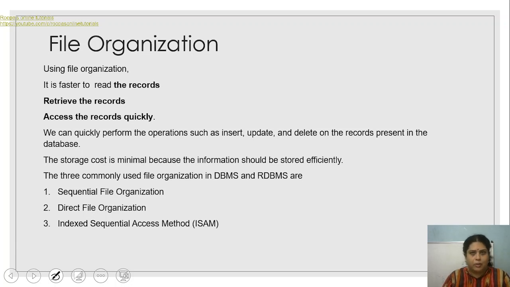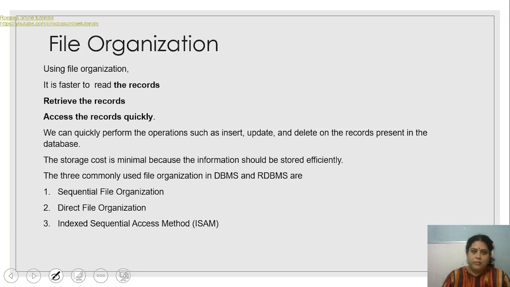Otherwise, if you keep your things in an organized way, it's easier to get them back. It's simple like that. Even your files, when the records are organized properly inside your computer, are easy to retrieve. Retrieve means to get back the records and access them quickly.